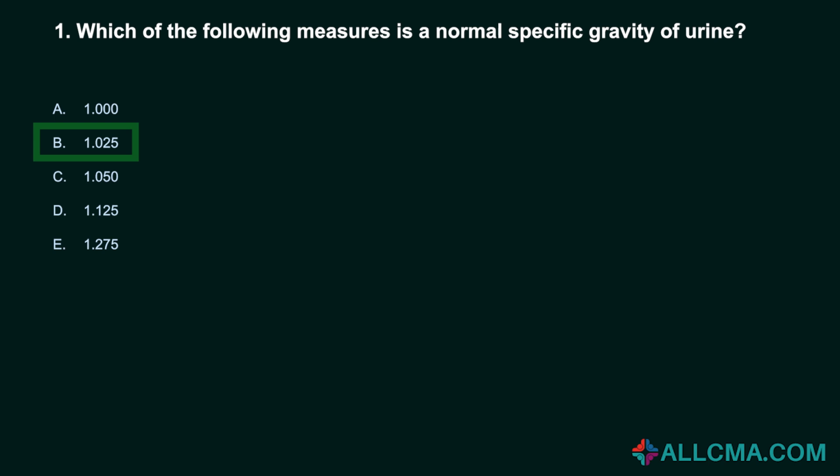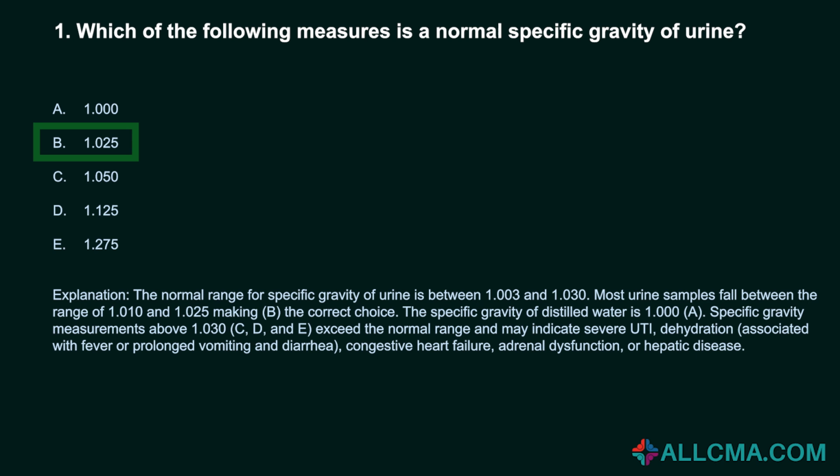Correct answer, B. 1.025. The normal range for specific gravity of urine is between 1.003 and 1.030. Most urine samples fall between the range of 1.010 and 1.025, making B the correct choice.